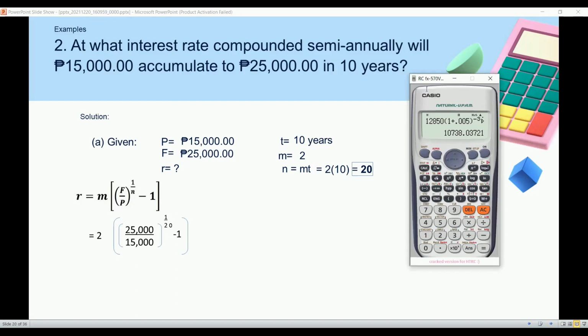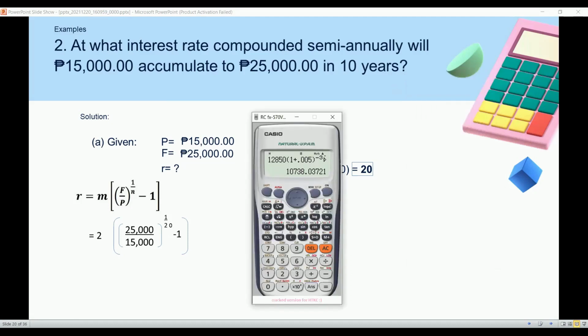So, solve na natin sa calculator. Solve muna natin nasa loob ng parentheses, which is 25,000 divided by 15,000. Ang makukuha natin 1.6.